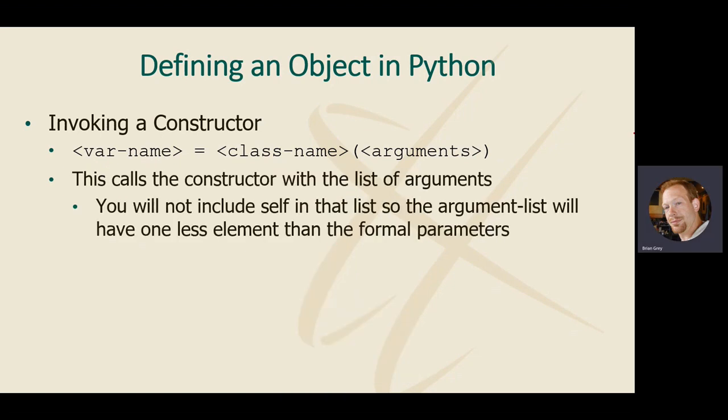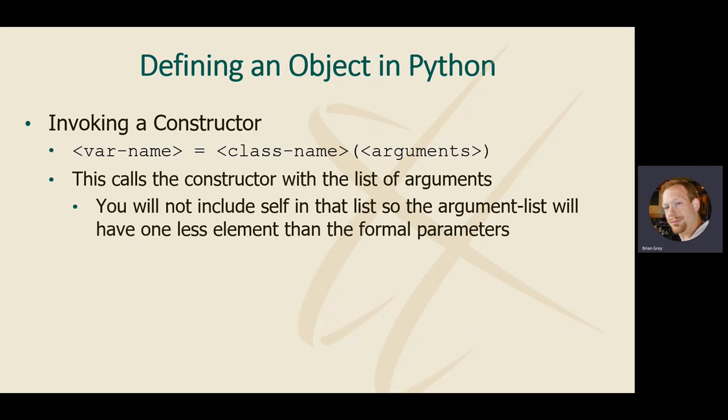The one thing that you need to know is this. You will never, ever, ever pass in self as an argument. Okay? These are technically two different things, right? And these terms will get muddied sometimes.